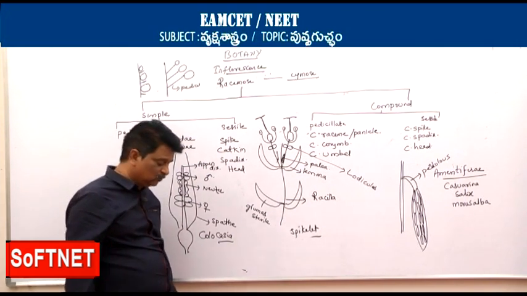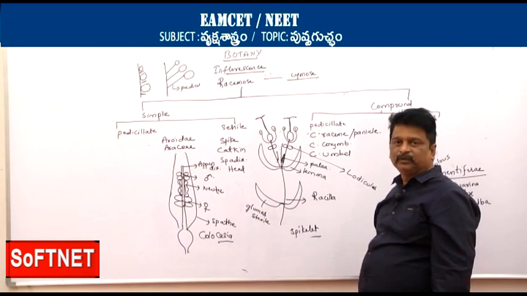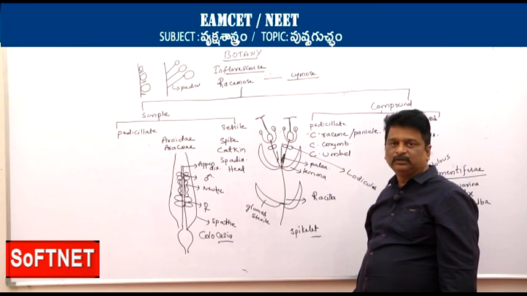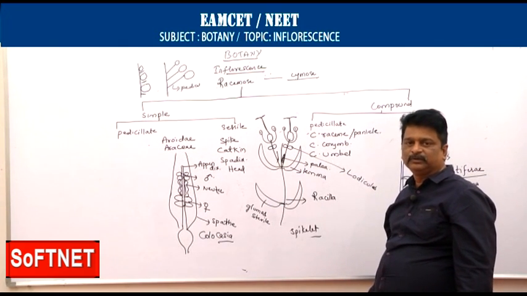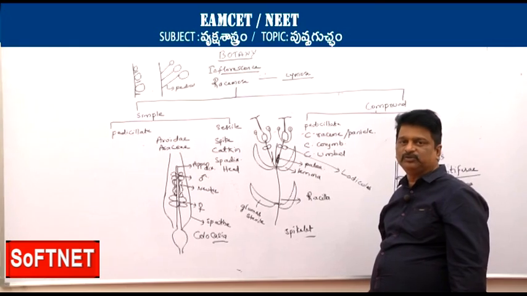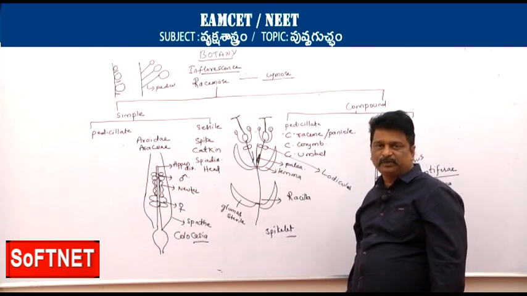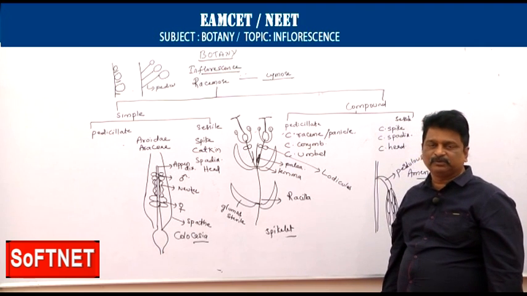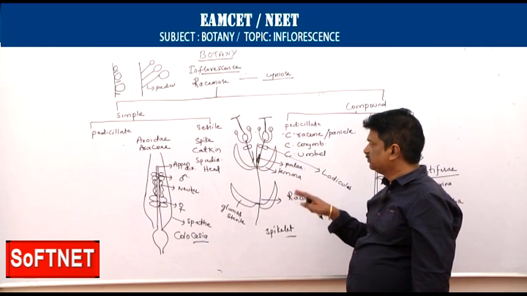Point is, in coconut, the whole inflorescence is enclosed by one modified hard spathe, but in musa every branch has one leathery spathe. So point is, colocasia and musa have leathery spathe, coconut has hard spathe. In simple spadix 3 types of flowers present, but in compound spadix 2 types of flowers present.